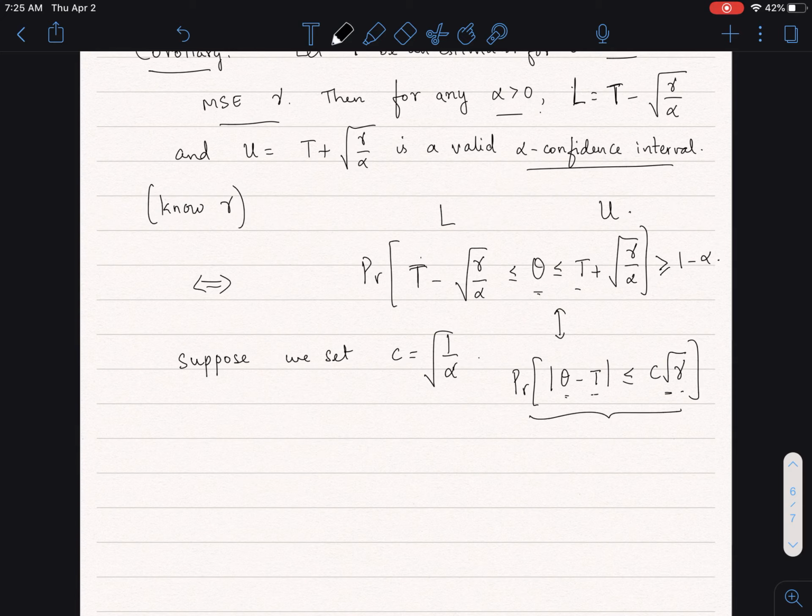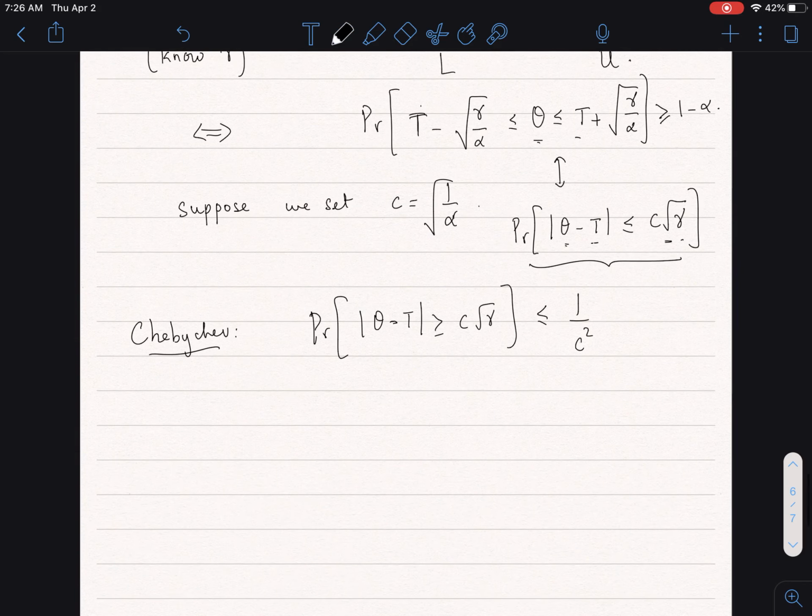It's very tempting to use Chebychev's inequality here, but note that Chebychev's inequality says that the probability that theta minus T is more than C root gamma is less than or equal to 1 by C squared.